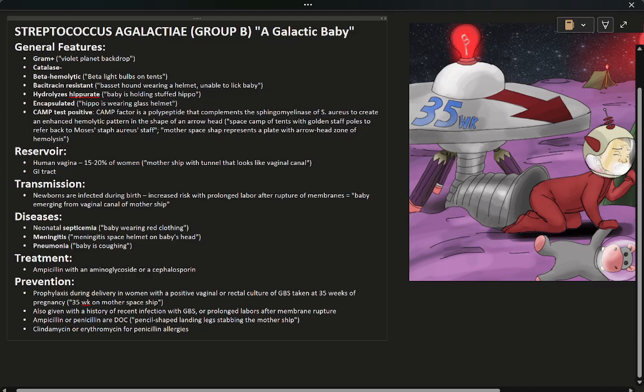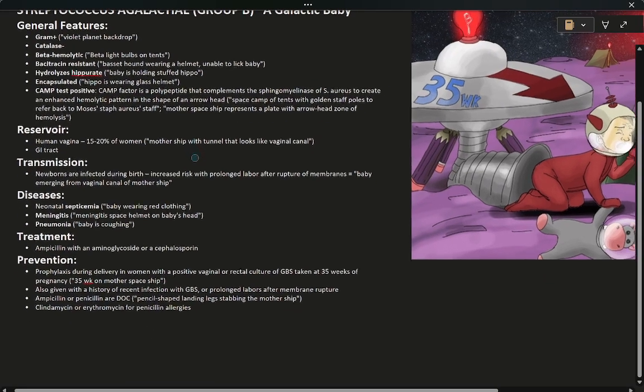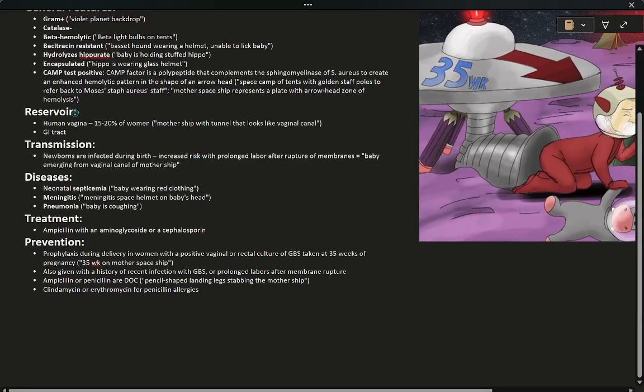I think this is supposed to say ship. My bad. Okay. Anyways, so once again, the reservoir is in the human vagina and the GI tract.